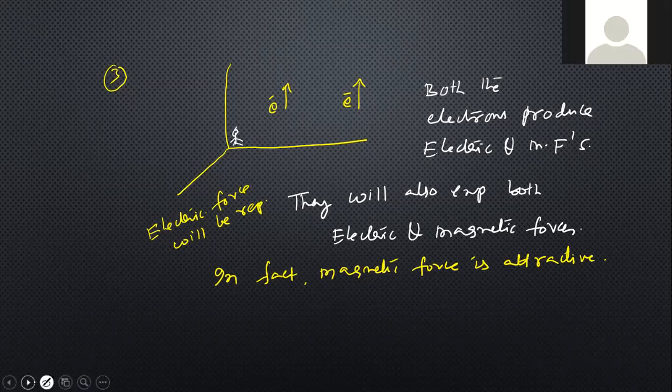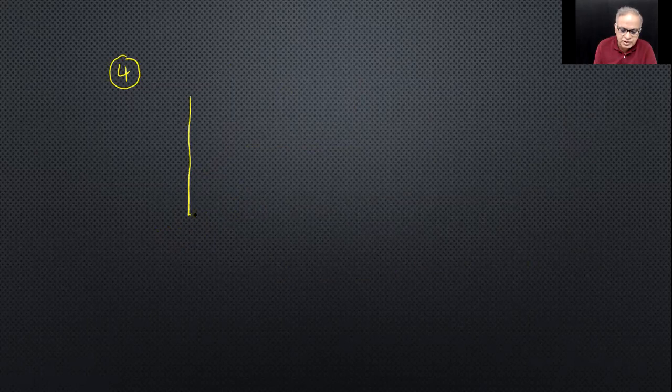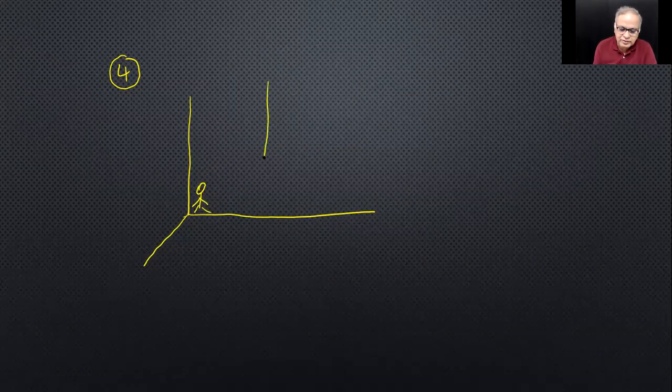Right. Fourth. I have a current carrying wire. Current carrying wire means metal wire, basically. Once again, I'm telling you, these statements are true in the laboratory frame of reference. How does a current flow in a wire?